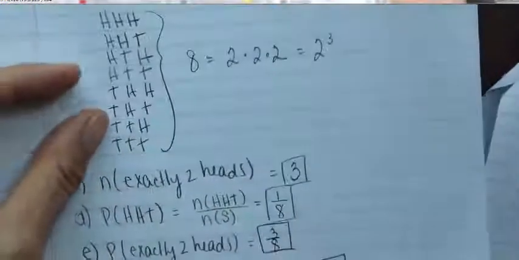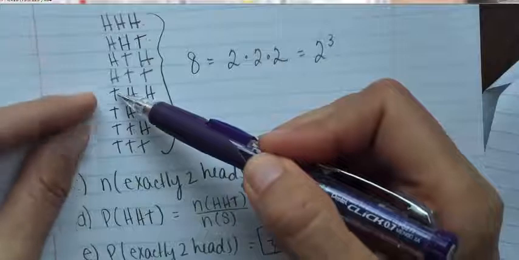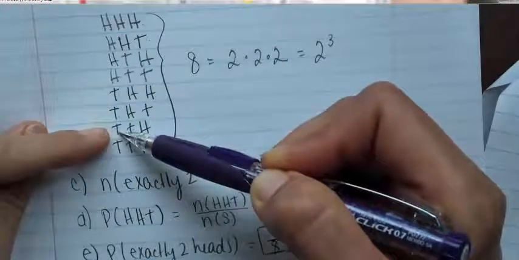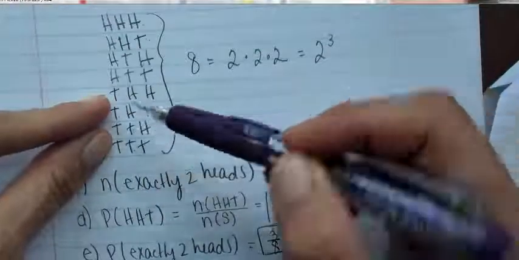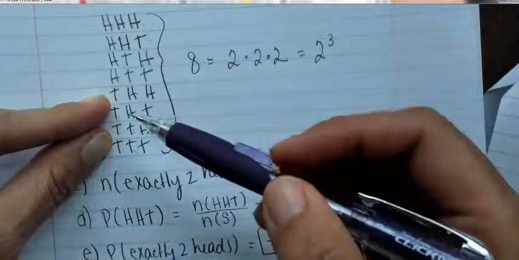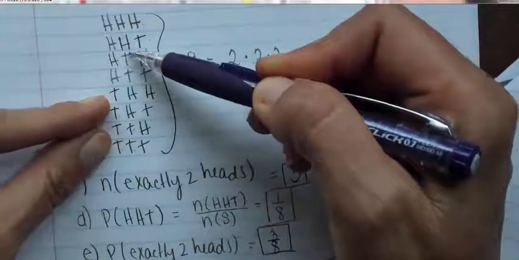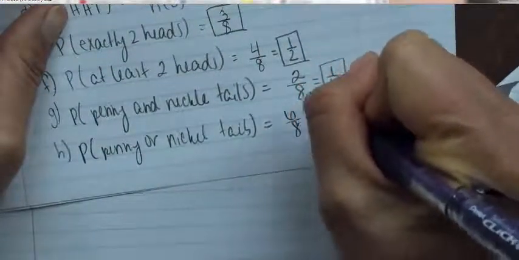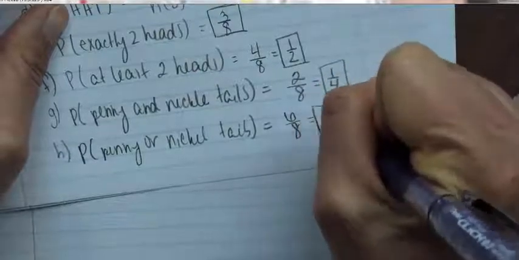I think that's going to give us more, because the penny can be tails here, basically all of those. The nickel can be tails there as well, but there's also a couple more here. So I think it's going to be all 6 of these, or 3/4 of the time, or 75% chance.